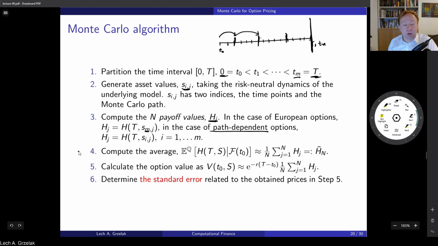I would like to concentrate on the European type payoff. Path-dependent payoffs we will discuss later in this course. At this point it would be too complicated to talk about conditional sampling or those kinds of elements, which are not so important now.